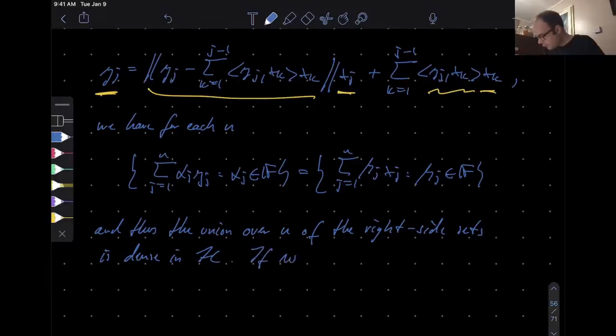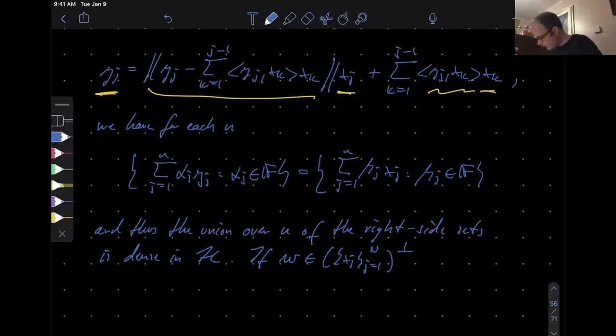So let's do this. If, say, w is orthogonal to all those xj's, well, here's a neat way of writing this. This just means that it's in the orthogonal complement of those xj's, right? By definition of the orthogonal complement, this means that w is orthogonal to all those xj's.